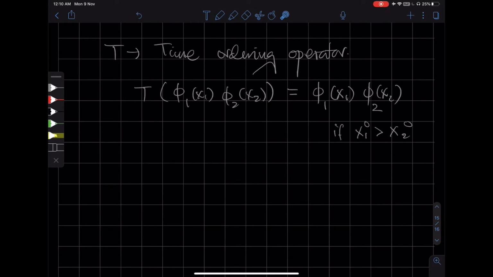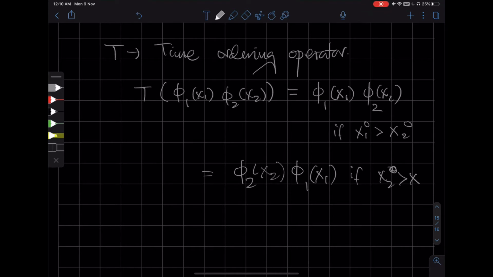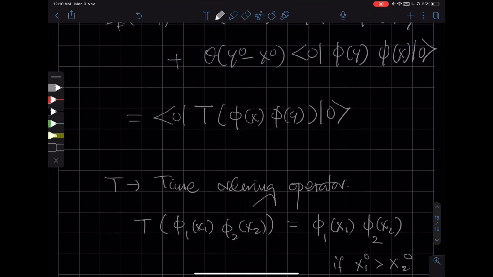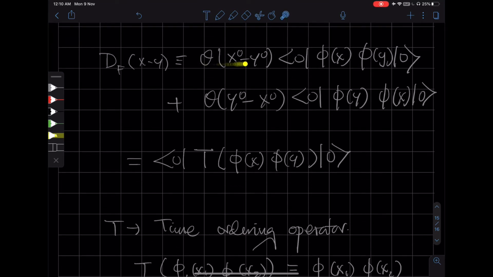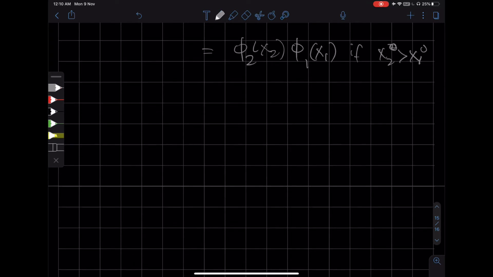However, if x1⁰ is less than x2⁰, then the time ordering operator will put x2 first and x1 after that. So this is if x2⁰ is greater than x1⁰. So this is the time ordering operator, and as we can see, we have chosen the theta function such that this is time ordered.